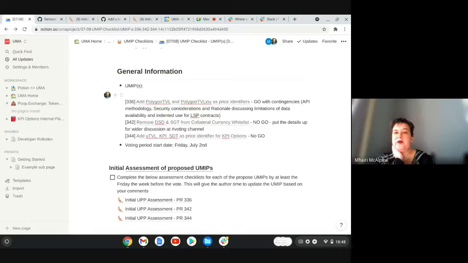And then for UTVL KPI SDT as price identifier, we've got a no-go. We did have a go last time with contingencies. Are we just accepting that the contingencies are so extensive that they're not practical to get resolved by Thursday?